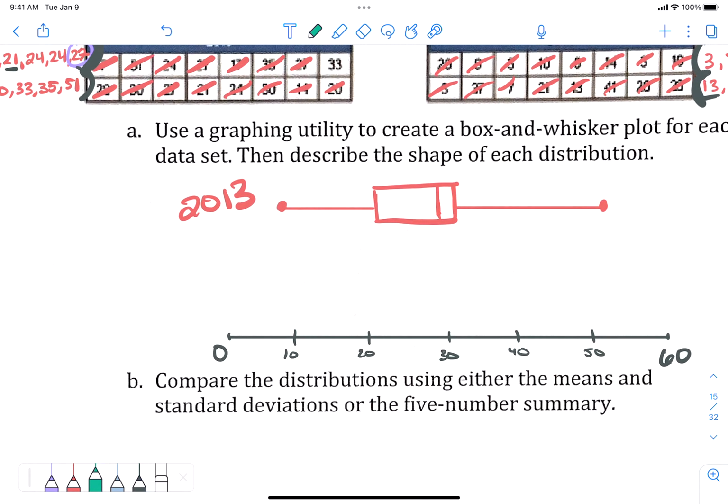Does that look symmetric to you? No. I don't know for sure. But it doesn't really look skewed to me.